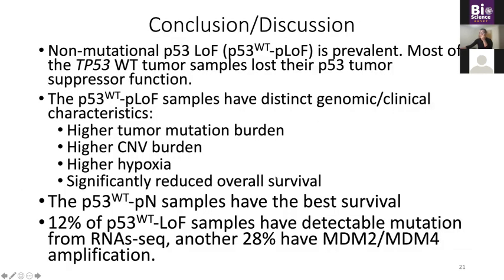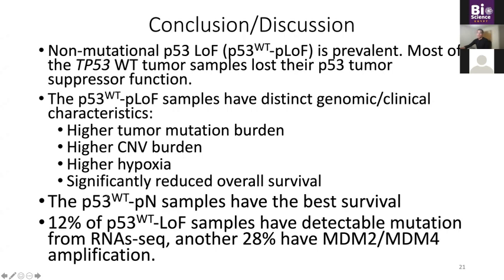So the conclusion is that non-mutational P53 loss of function, or we call it non-mutational P53 gene inactivation, is prevalent. Actually, the majority of the wild-type patients have this P53 inactivation, and those wild-type samples that are predicted to be loss of function have different genomic and clinical characteristics, including tumor burden, CNV burden, high hypoxia, and significantly reduced overall survival.